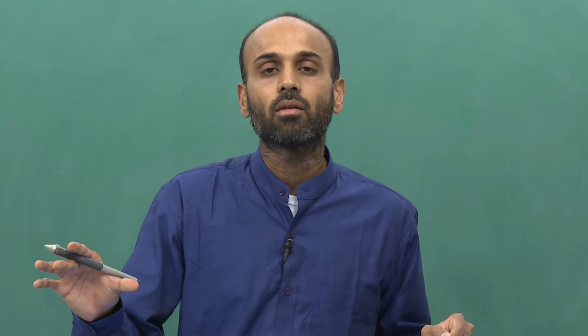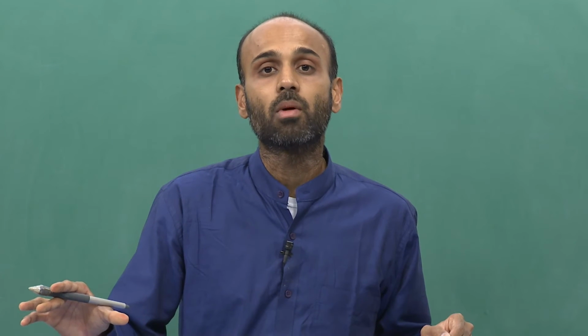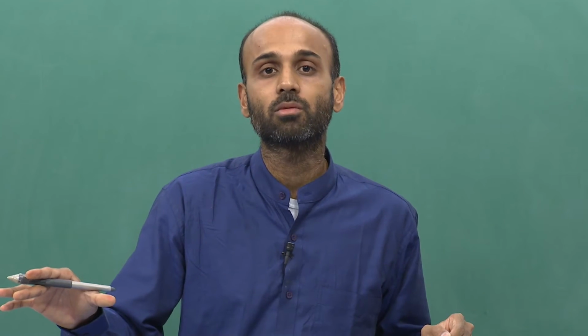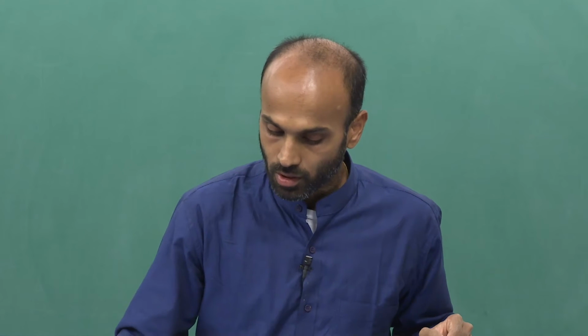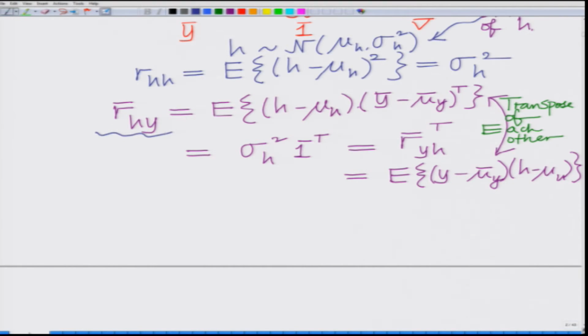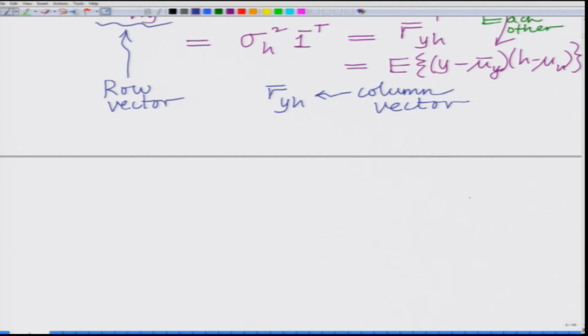R h y, the expected value of h minus mu h times y bar minus mu bar y transpose, where y bar minus mu bar y transpose is a row vector, is going to be a row vector, and r bar y h is a column vector. You can check all these things.